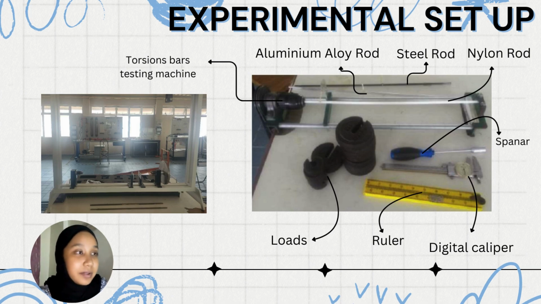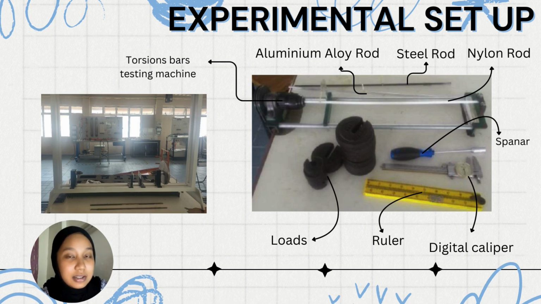So for the experimental setup for experiment 6, actually in the lab there are two places to set up this experiment, but our group chose the place that is only set up on the table. As you can see in the slide, the left side shows the first place, and the second one is the place that we chose, which is only on the table.